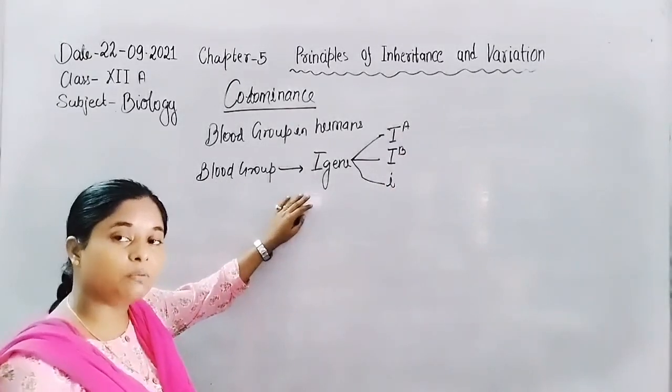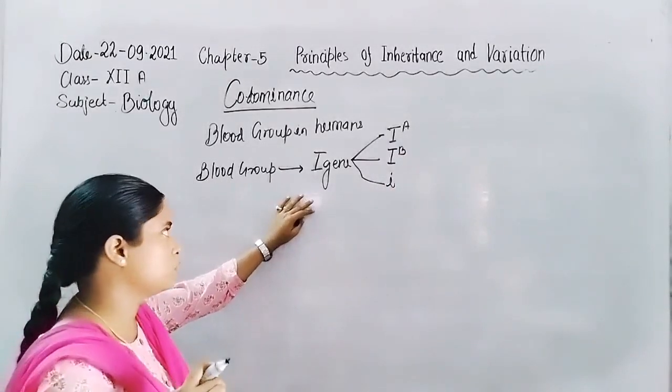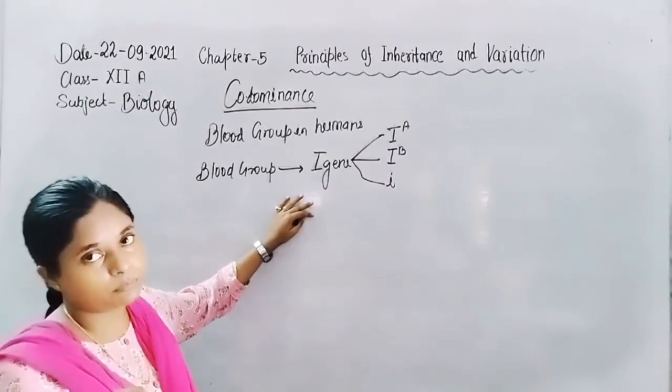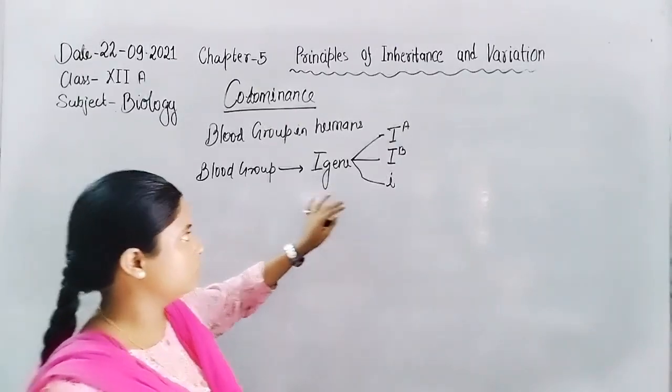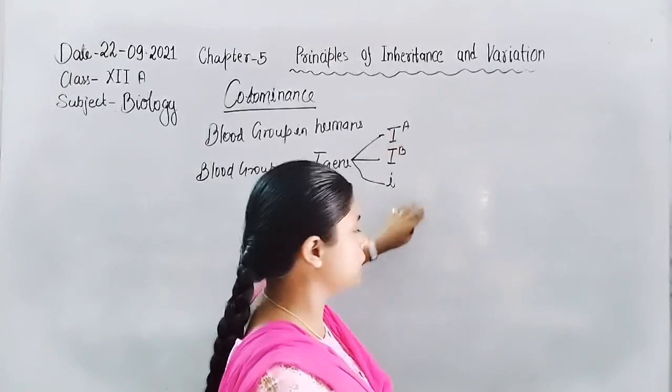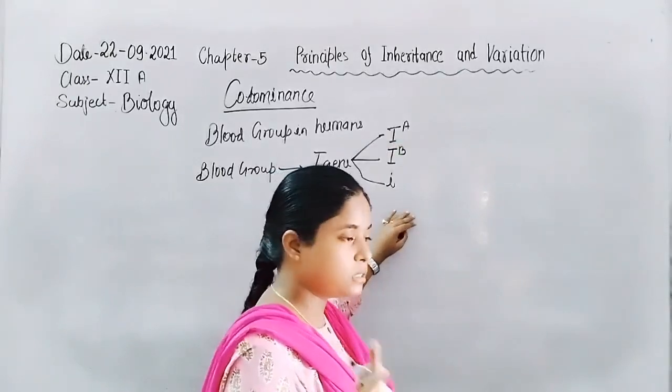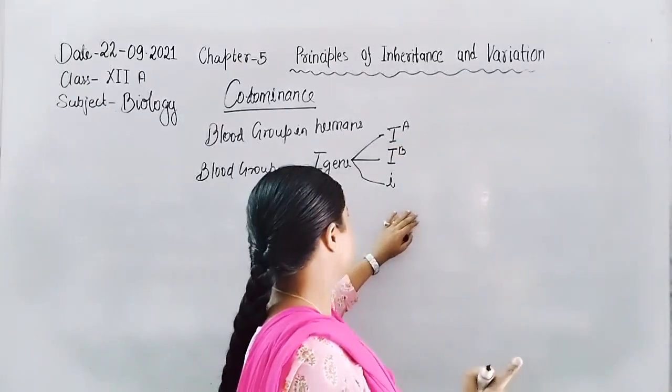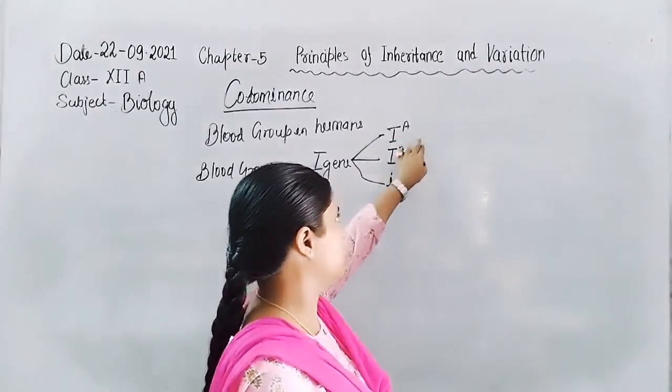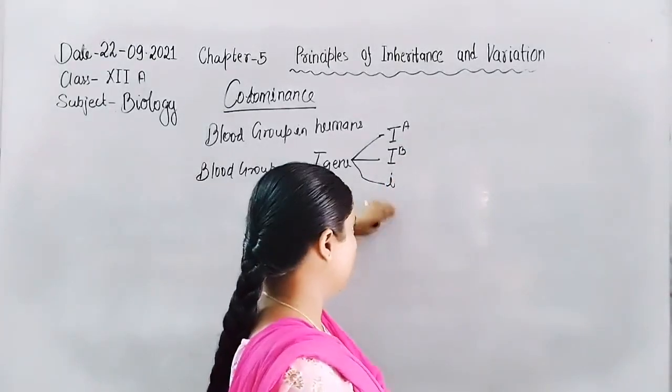So normally only 2 alleles out of 3 are present in a human, because humans are diploid organisms, so they carry only 2 alleles out of 3.